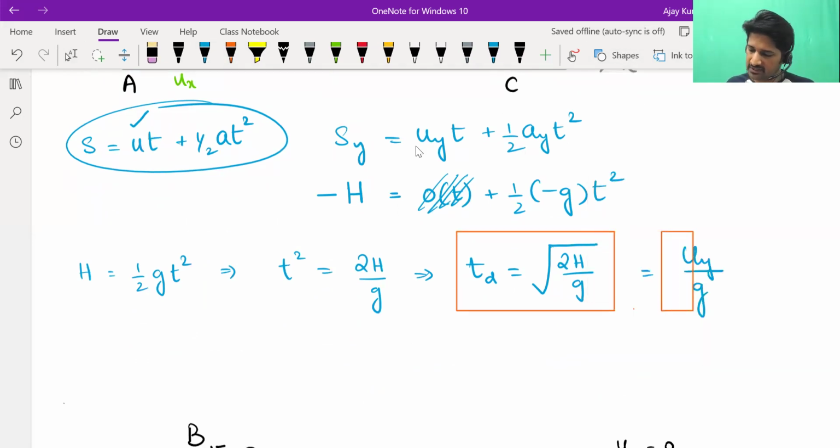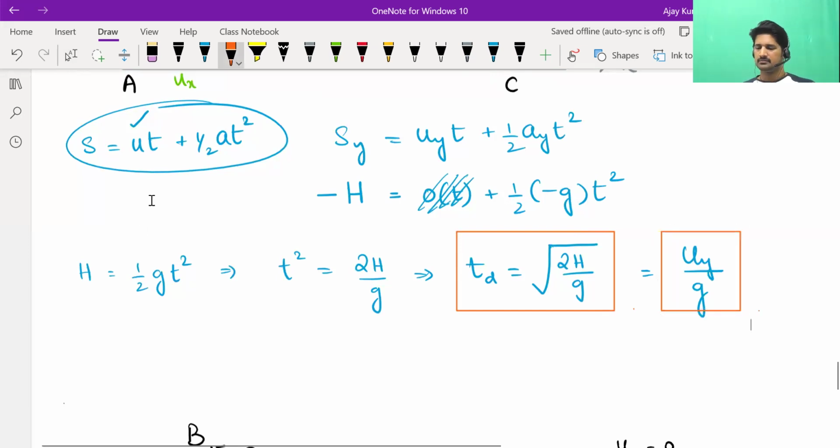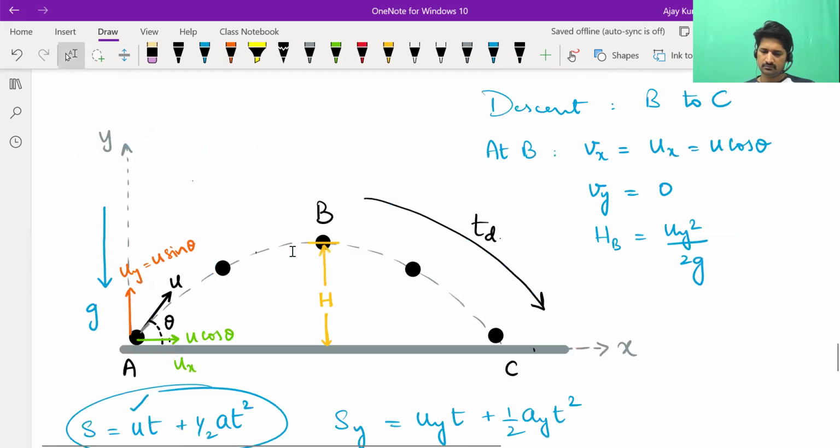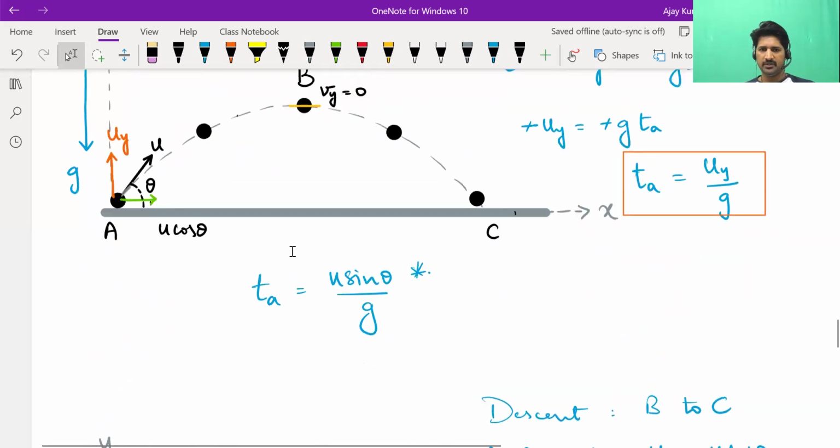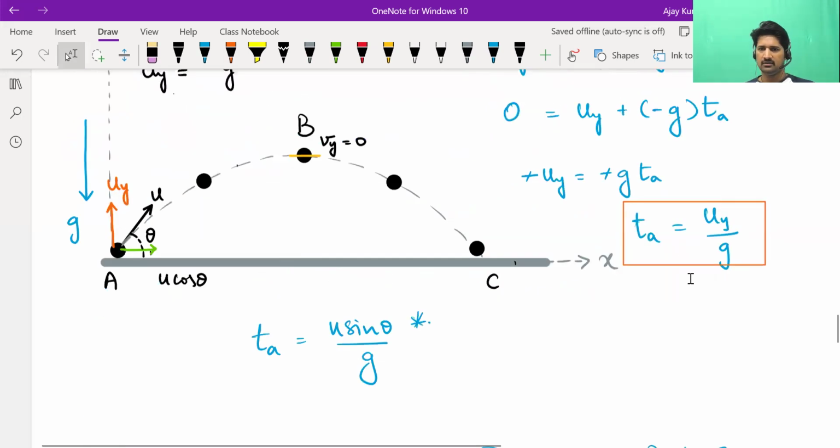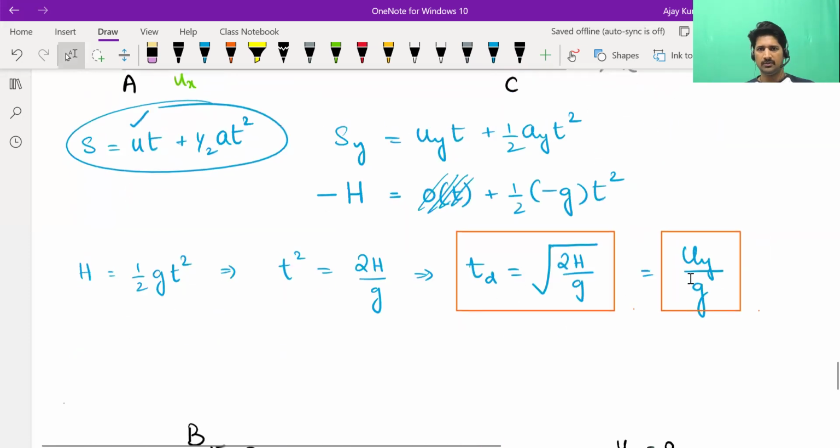How much was time of ascent, if any of you remembers? How much was the time taken to go from A to B? Sir, uy by g. Okay. Time of descent is also uy by g. If time of ascent is uy by g, time of descent is uy by g.